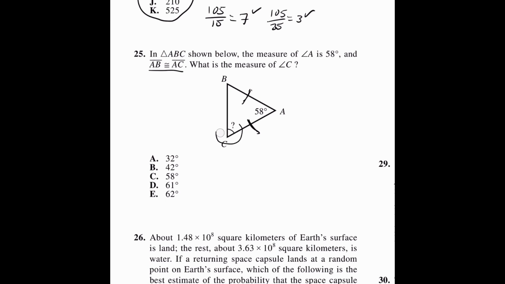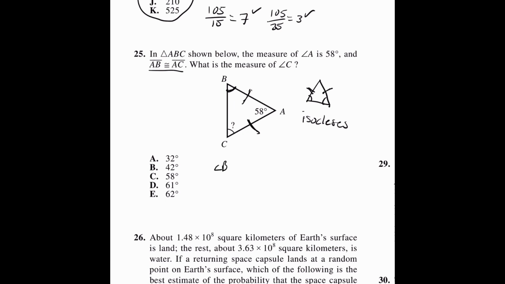Does anyone remember what this type of triangle is called, where 2 of the sides are the same? It is called an isosceles triangle. In an isosceles triangle, the 2 sides are the same and the 2 bottom angles are also the same. Therefore, whatever C is, B is also C. So, knowing this, all the angles add up to 180 in a triangle.